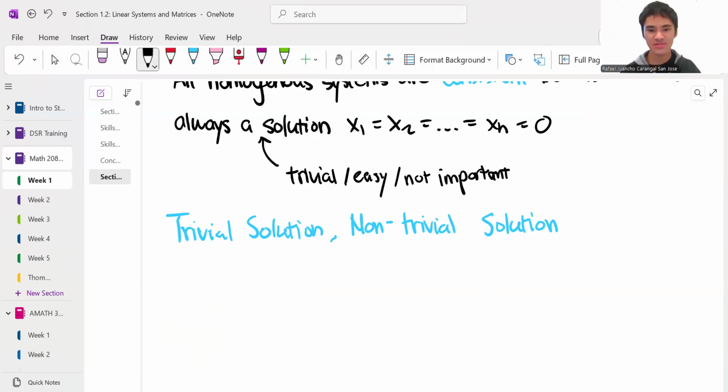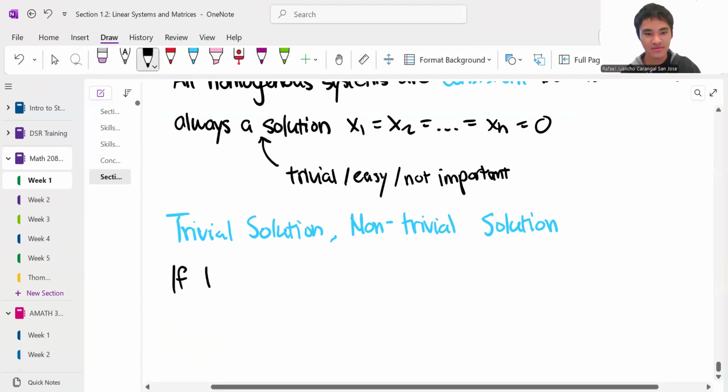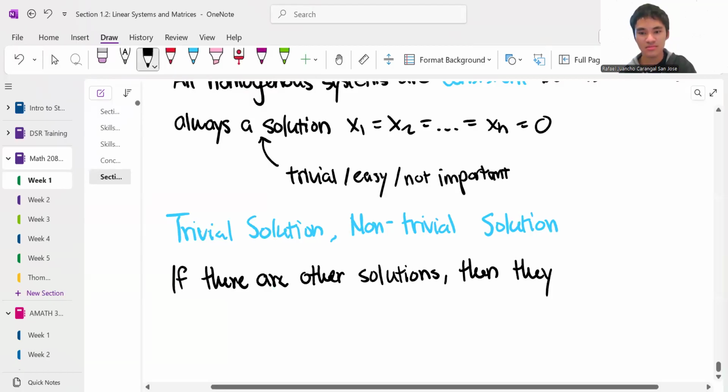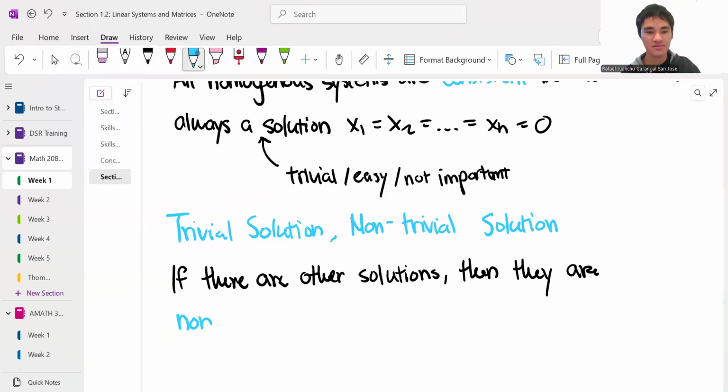A trivial solution is the obvious solution. But if there are other solutions, then they are, check my handwriting, non-trivial solutions.